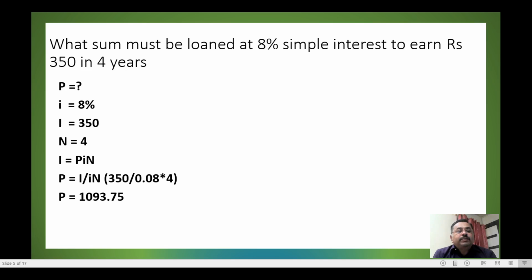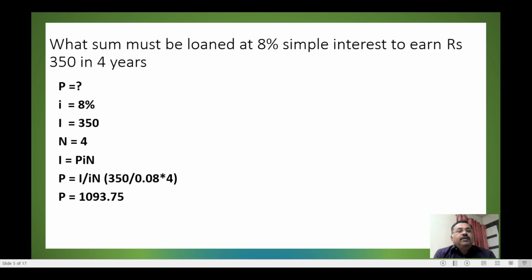Therefore I is equal to PiN. If you simplify, that is take the P this side and iN that side, you will get I divided by small i into N. So 350 divided by 0.08 into 4 will give you the principal amount as 1093.75.